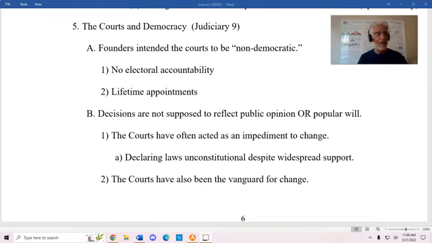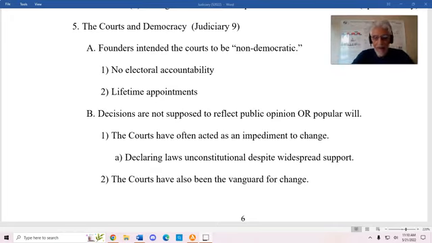Judges aren't supposed to be looking at what the latest Gallup poll says about views on same-sex marriage, views on reproductive rights, abortion, on the legalization of marijuana. They're just supposed to be looking at the Constitution in different ways, right? Strict constructionists look at it one way, loose constructionists look at it a different way, but it's supposed to be a non-democratic institution.